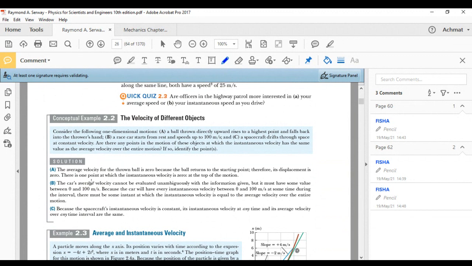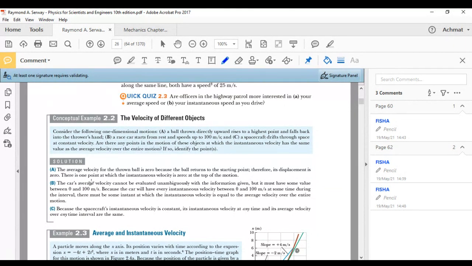The next one, a race car starts from rest. From rest means 0 speed, and speeds up to 100 meters per second. And case C, a spacecraft drifts through space at a constant velocity in one straight line, obviously.